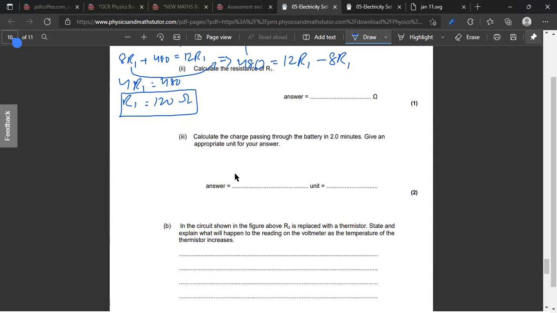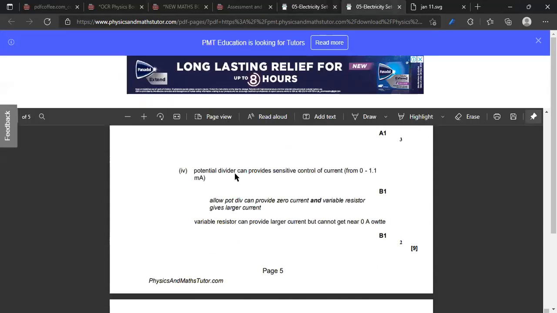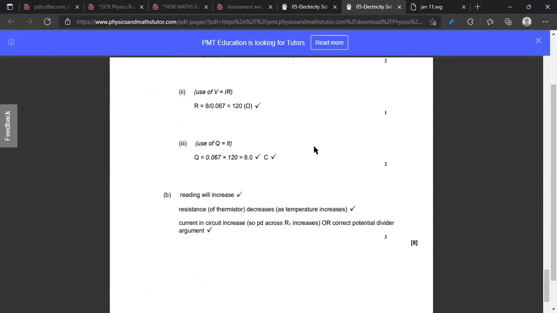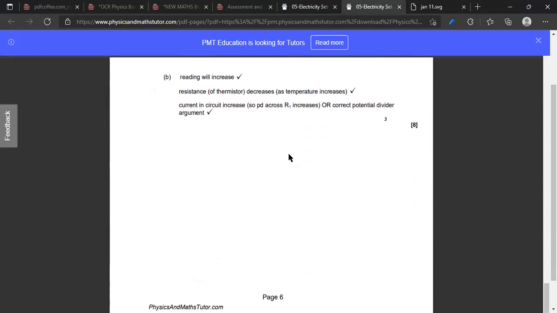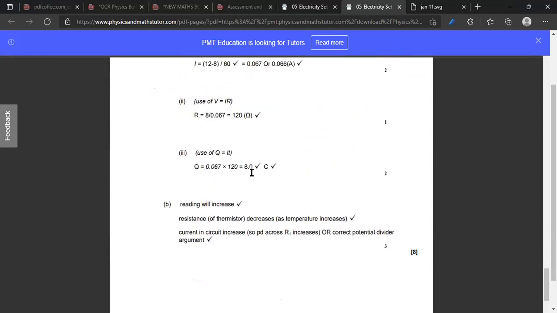Can you check on the mark scheme whether part 3 is 8.04 coulombs? Oh, 8.0. I did it to 3 significant figures.